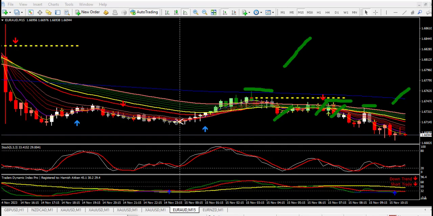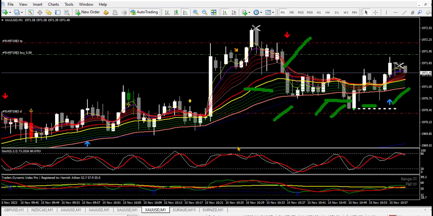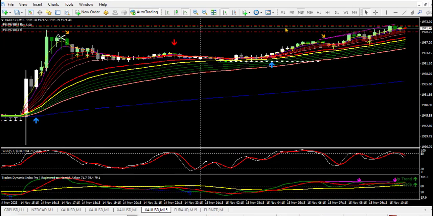Now let's check it out on gold, because I have placed some trade on gold. So I would like to show you and explain in detail how I use this with the other indicators. So on 15 minutes time frame, we have a buy signal generated at this particular point yesterday, and today the uptrend continues.